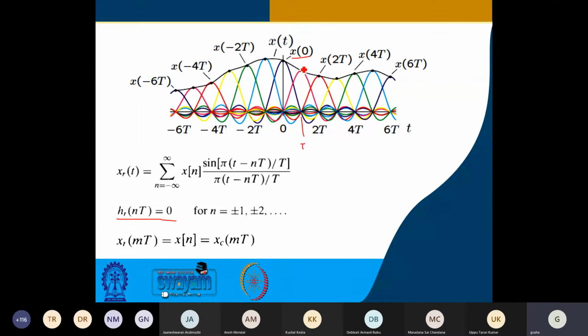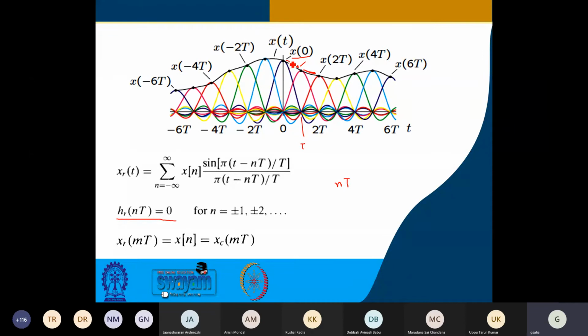Similarly, if you are just talking about x1, at capital T, this time point, x2t, its contribution over here is 0. x3t, its contribution is 0 because the zero crossing is there. So at this nT, the value that you will get after summing up, because others are contributing 0, is the samples themselves. Only the in-between point, okay, this is coming from summation of this one.